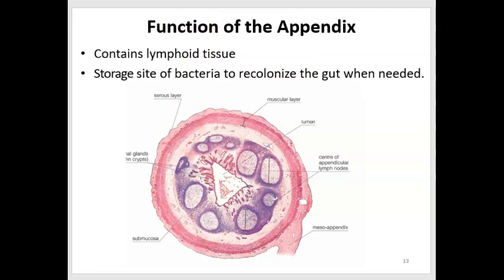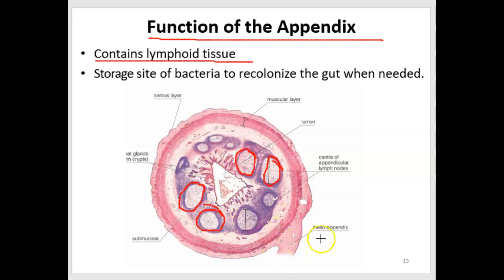Okay, one thing I've neglected to mention is the role of the appendix in our digestive system. And it turns out the appendix has lots of lymphoid tissue, these kind of nodular tissues. Even though I said the large intestine doesn't really have it, here in the appendix we see some nodular lymphatic tissue.